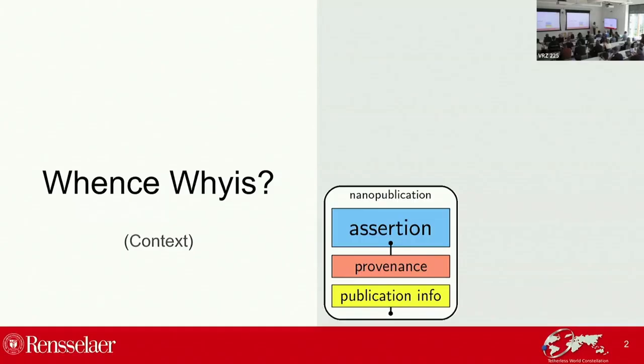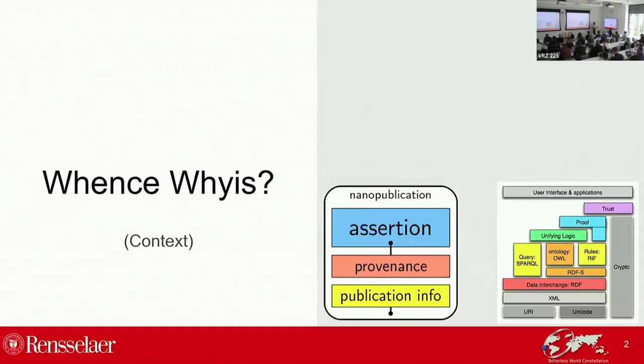From there, I started thinking a lot about the underlying promise of the semantic web, especially the semantic web layer cake as it exists today and has existed in the past. And the thing is that there was a promise that there are all of these cool things we can do with the semantic web, and a lot of them have been realized in special use cases here and there.